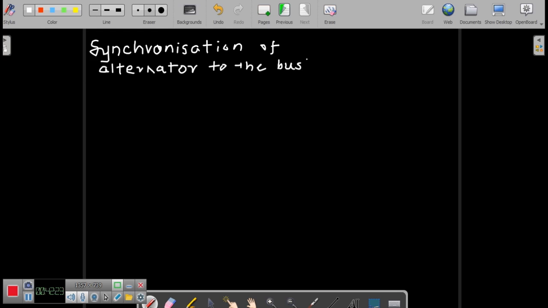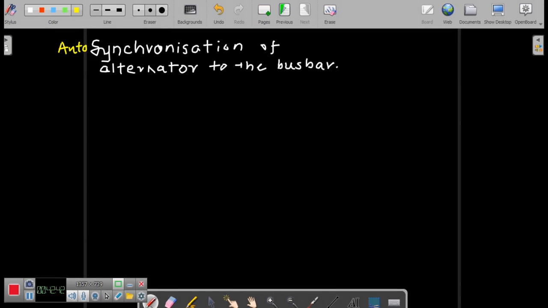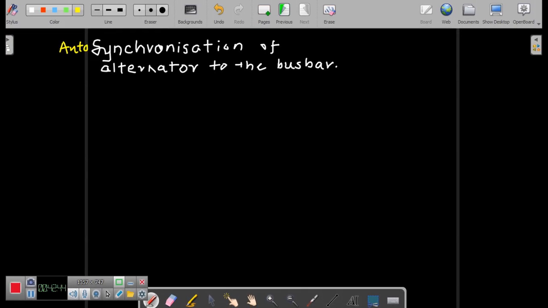Some of you have already conducted this experiment also. Now, having a PLC here, I can always give a feature of auto synchronization of the alternator to the bus bar, right? So your presence need not be there if you want to synchronize an alternator to the bus bar.